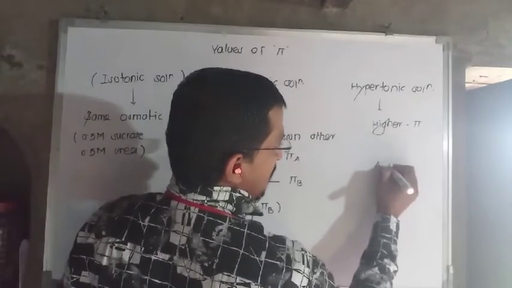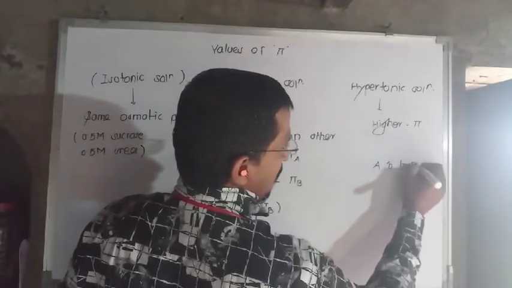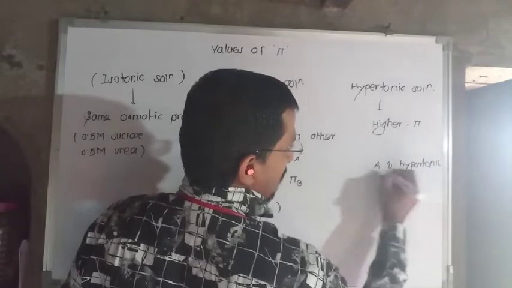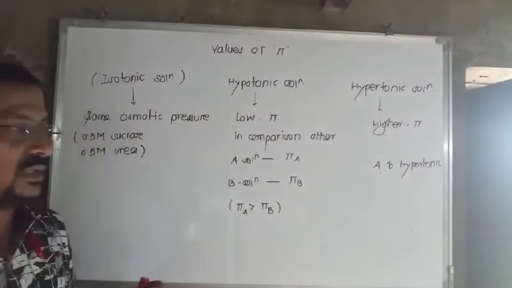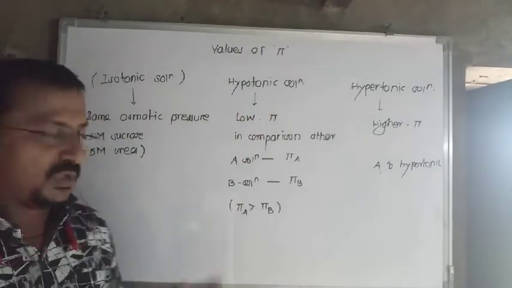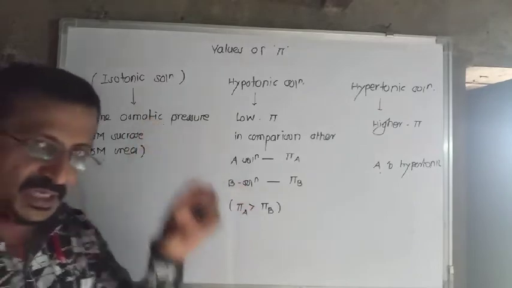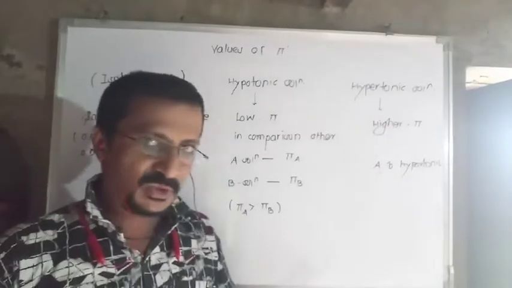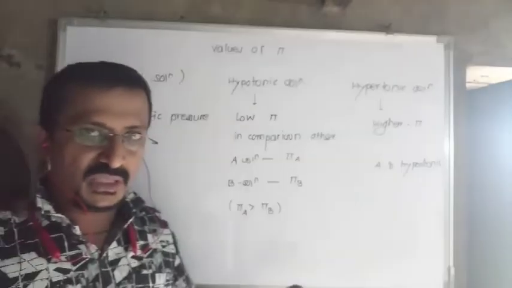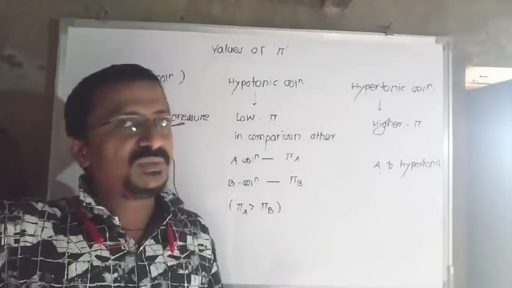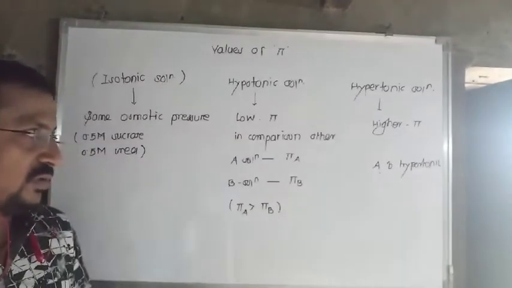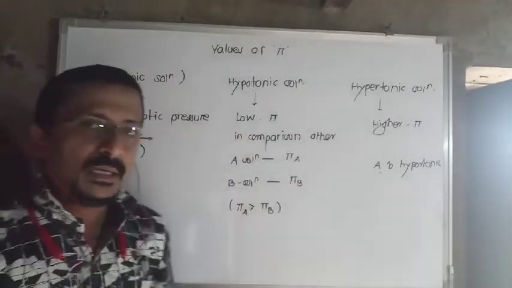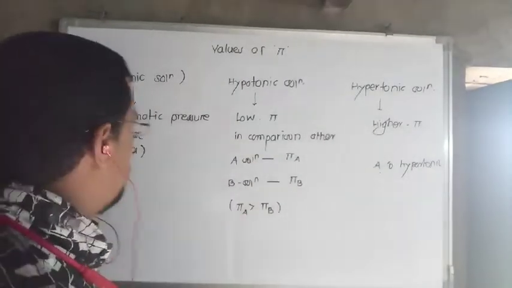That's why A is a hypertonic solution in this case. So if both solutions are the same, then it is isotonic. If one solution's osmotic pressure is much lower compared to the other, it is hypotonic, and if one of the two solutions has much higher osmotic pressure, then it is hypertonic solution. So it is simply a classification depending upon their values of osmotic pressures. Okay.